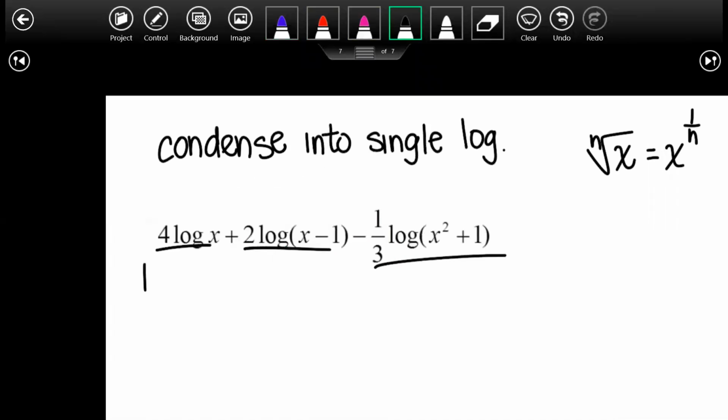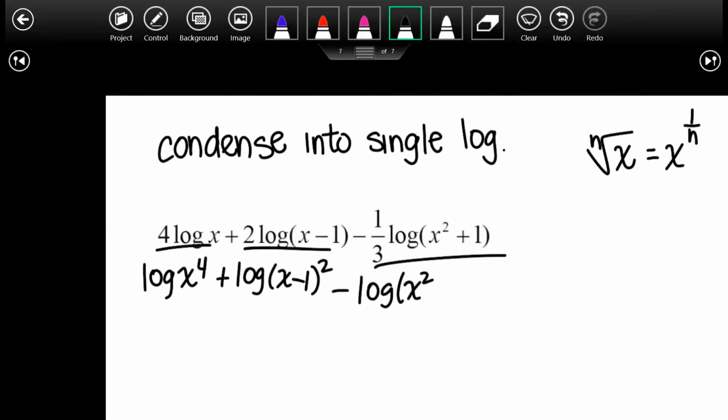We're going to get log of x to the 4th, squared. There we go. So we did the power property.